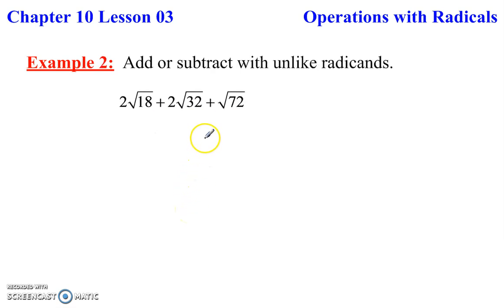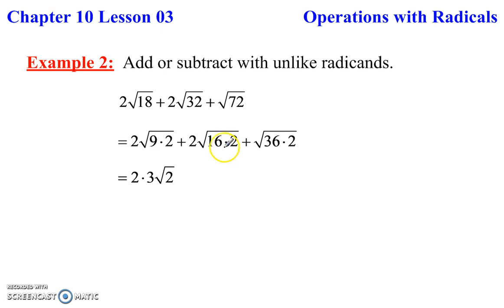11. Now sometimes you'll run into this and see, okay, well these have different radicals, so I can't add them. Well, first see, is there anything you can do to simplify those radicals? Remember, 18 is 9 times 2. 32 is 16 times 2. 72 is 36 times 2. 9 is a perfect square, so I can simplify that. 16 is a perfect square, so I can find the square root of that. 36 is a perfect square, so I can find the square root of that.